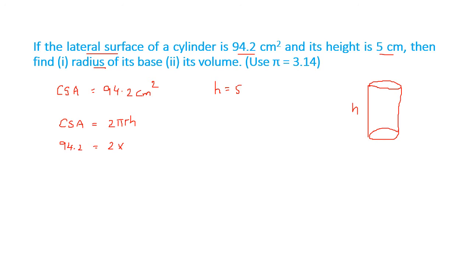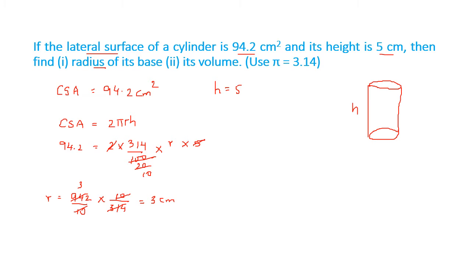So 2 into 314 upon 100, radius you have to find and height is given 5. 5 1s are 5, 2 1s are 2, 10s are 10. So rearranging we get R equal to 942, that is 94.2 upon 10 into 10 upon 314. So 314 3s are 942. So R is equal to 3 centimeter.